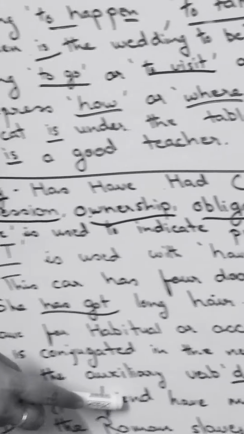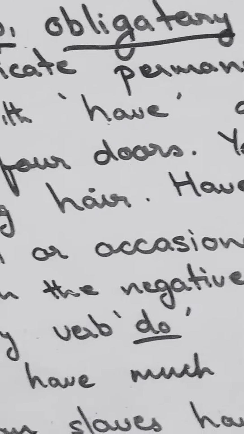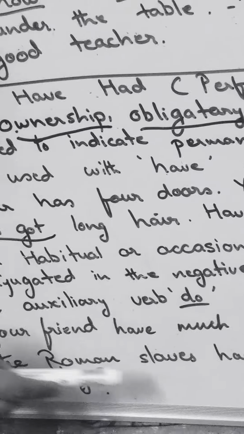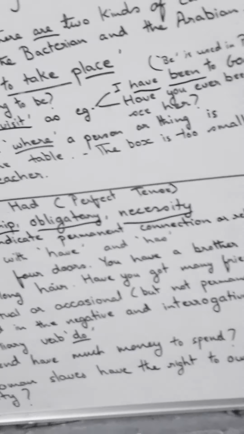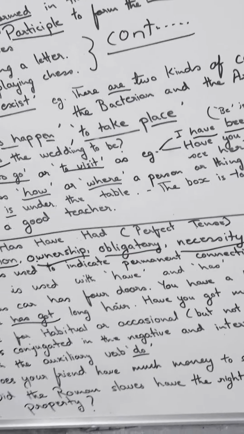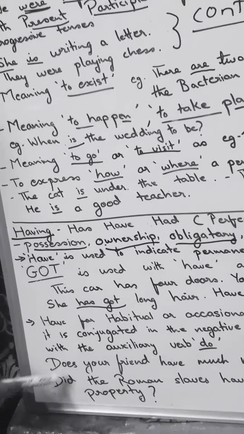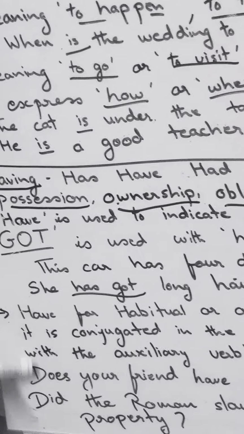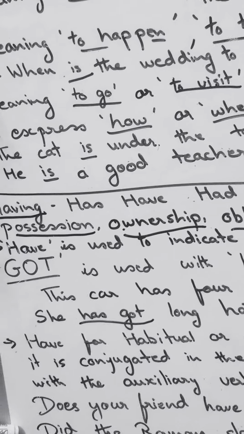Does your friend have? Perfect form, doing form. Did the Roman slaves have the right to own property? Now, this proves my point when I am talking about interrogation.